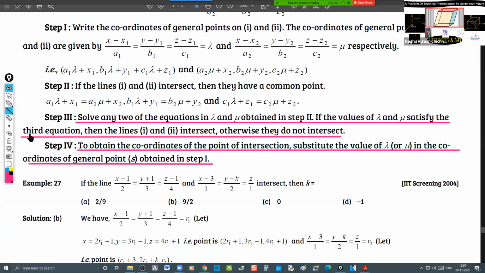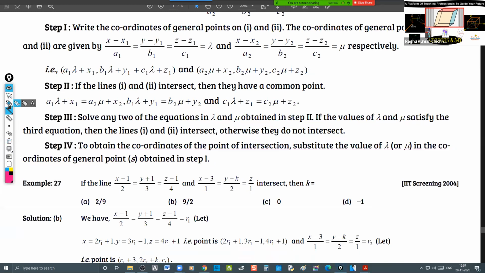Now we will be doing the problem. By doing the problem only, we'll have a thorough idea about this, and it is also easy. You need not worry about that. Let us write the lines. If the lines intersect, what are the lines given?